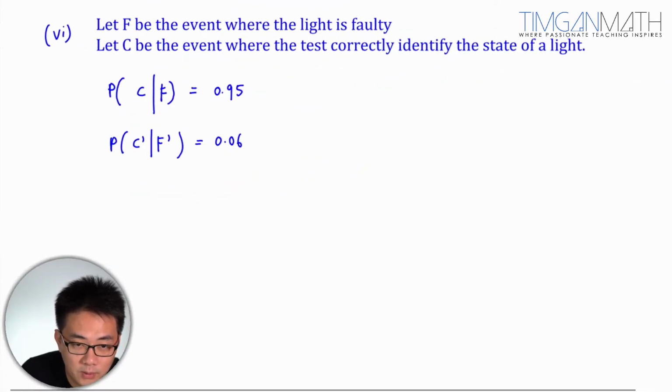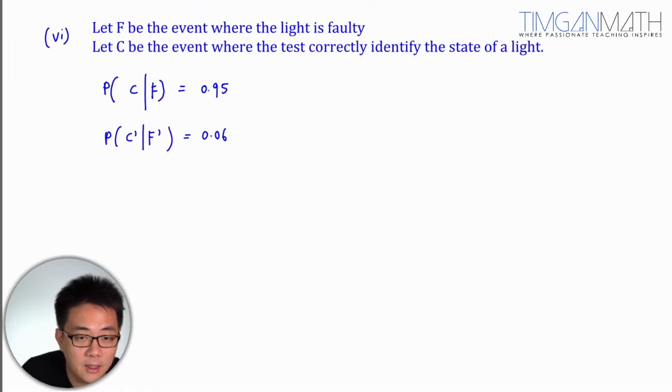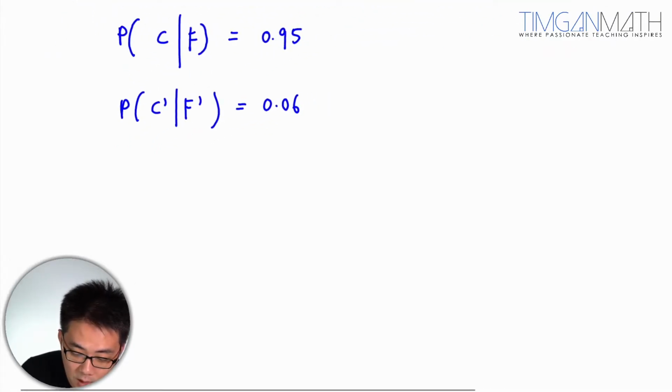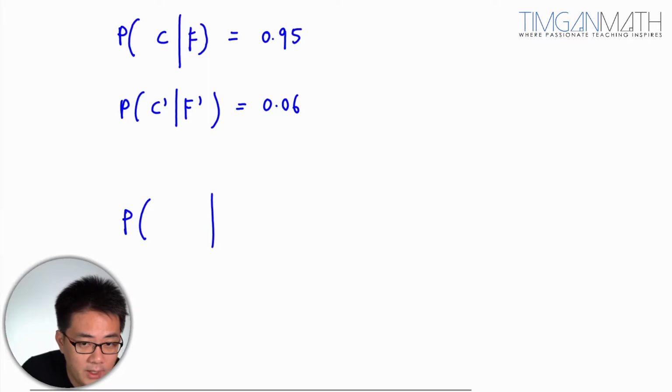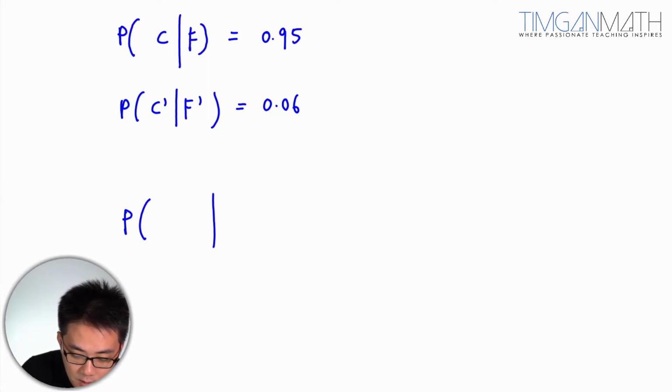Find the probability that a light identified as faulty is not faulty. So essentially, you have already identified it as faulty by the quick test.